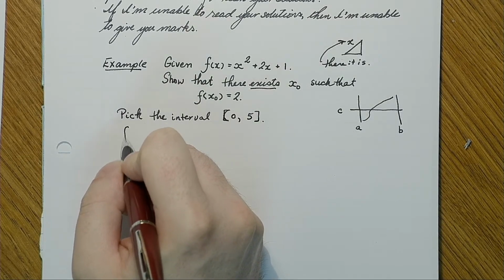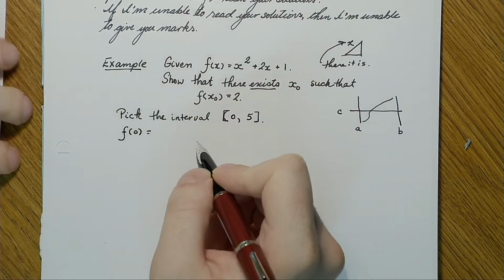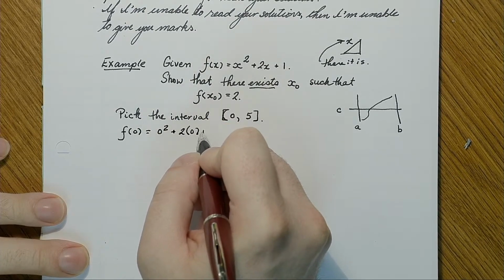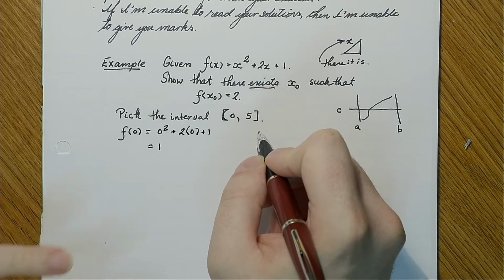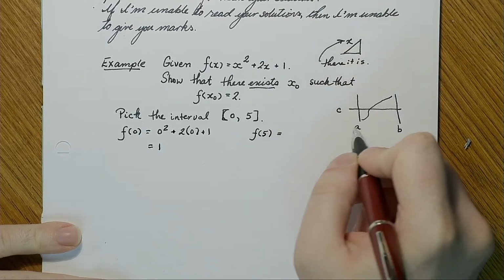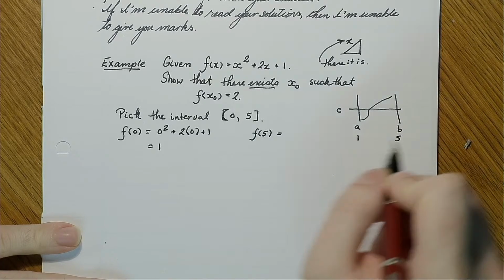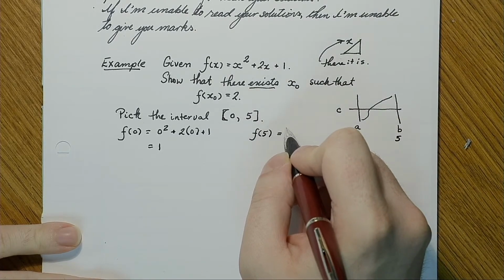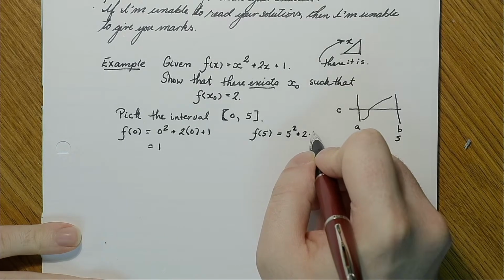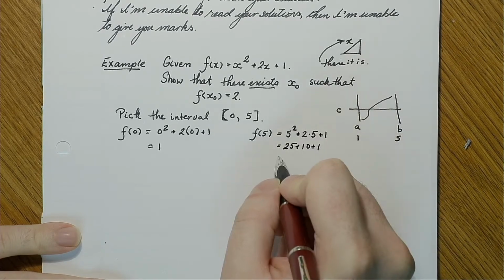So what is the value at 0 for this function? Well, putting 0 back into the function, I have 0 squared plus 2 times 0 plus 1, so that gives me 1. And subbing 5 into the function, I know this is 1, this is 5, and the value is 5 squared plus 2 times 5 plus 1, so 25 plus 10 plus 1.